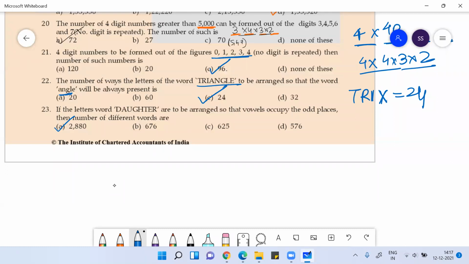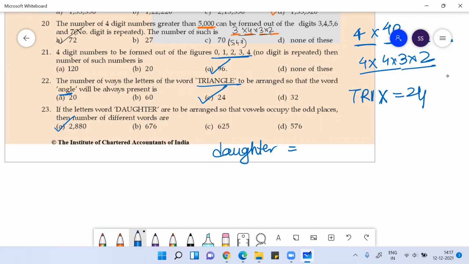23rd, everyone, try the 23rd. Ask me if you have doubt. Third, letters of the word DAUGHTER.